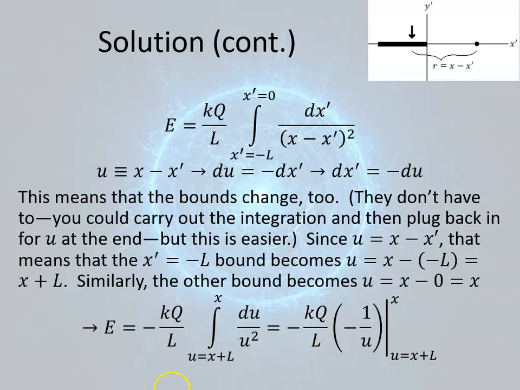So in this case, we have u to the minus 2. We raise that to u to the minus 1, and then divide by minus 1, the new power. So that ends up giving us a minus 1 times u to the negative 1, or minus 1 over u. And we already had a negative out there from when we did our variable substitution.